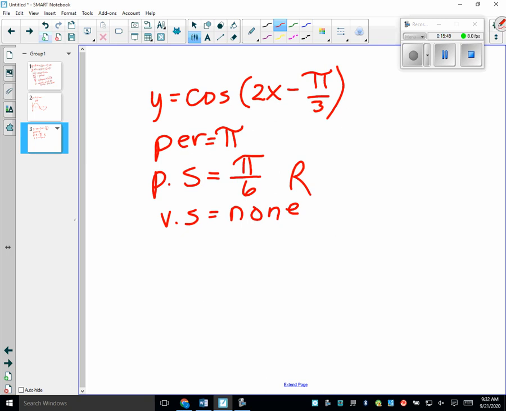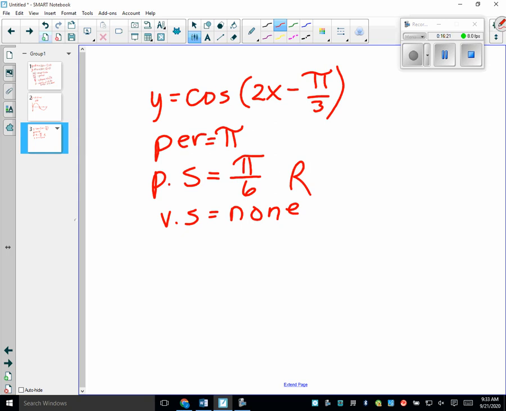Okay? Now, what about my x scale? Maybe, but we shifted it pi over 6, so that may throw us off. So we're going to try pi over 4. Generally, we take the period and divide it by 4 and start from there.